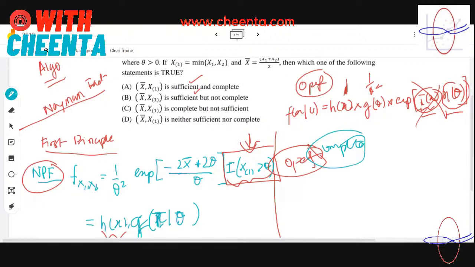How can we check whether it's complete over here or not? Can you tell me?